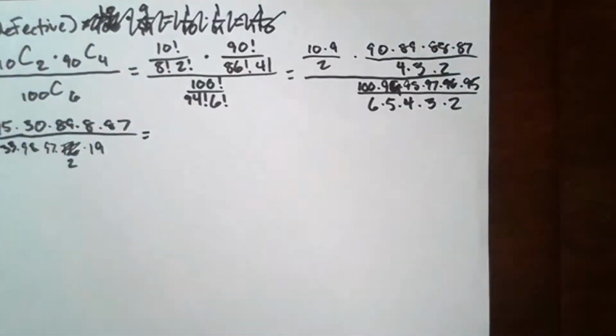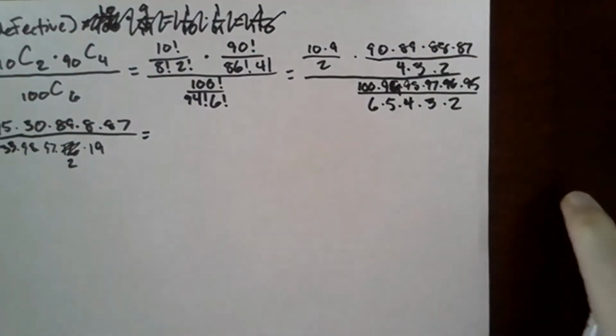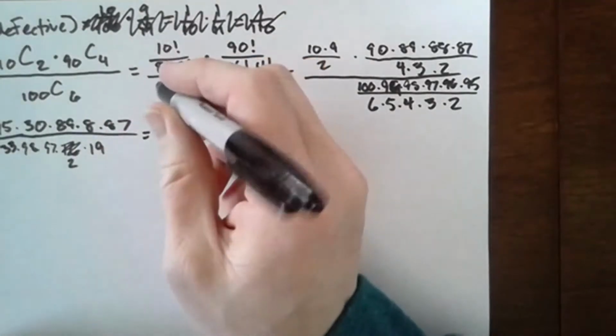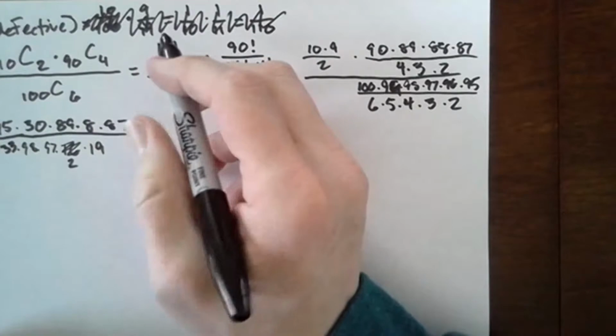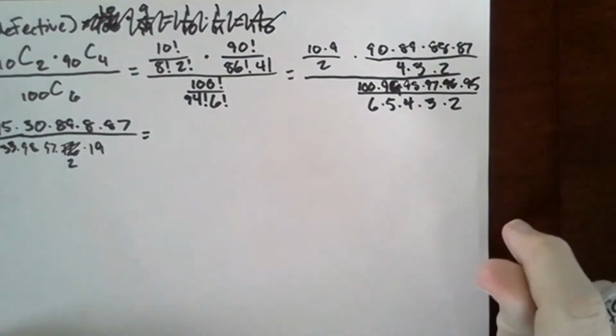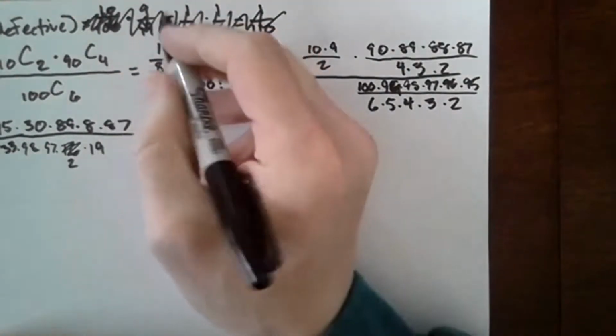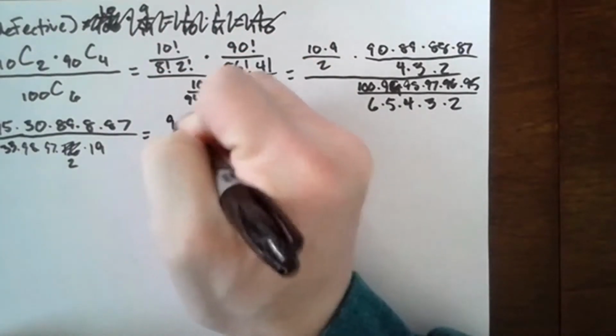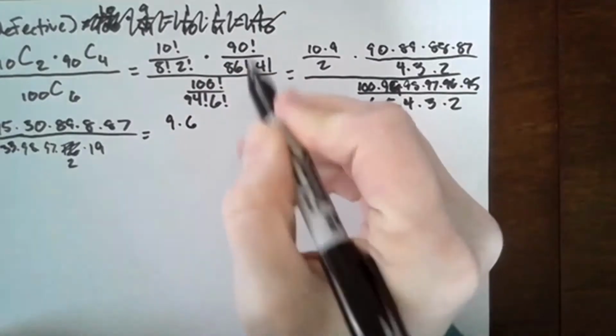Okay, so that's 45 times 30 times, and I can do some simplification here too. Let's see, we've got a 5 in both 45 and 30. I can get 5s out of those and out of the 100. So that's 9 times 6.